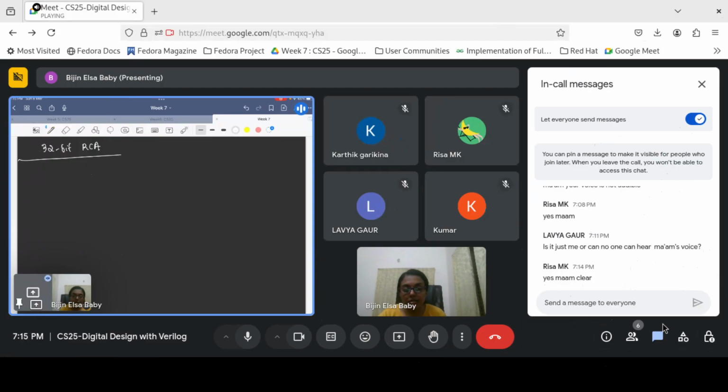How many full adders are required to implement a 32-bit ripple carry adder? I have shown a 4-bit ripple carry adder. For 32 bits, how many full adders are required?